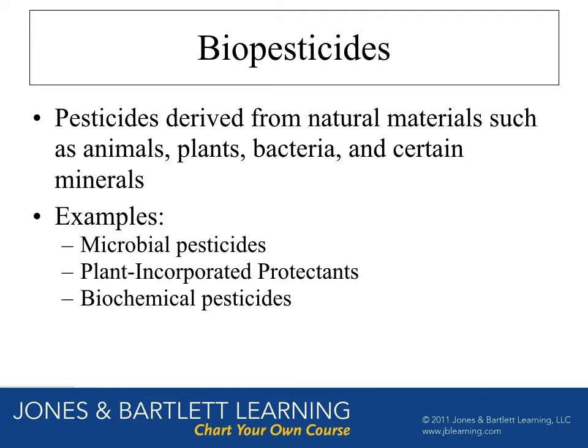There are microbial pesticides and plant-incorporated protectants, so there's a wide variety of things that could be called biopesticides. The only reason I put it in there is because we've been talking primarily about synthetic organic compounds that are man-made. There are a lot of other things that we're looking at now to try and reduce the use of those, and here are some examples of things that can be used, even though they have their issues of their own.